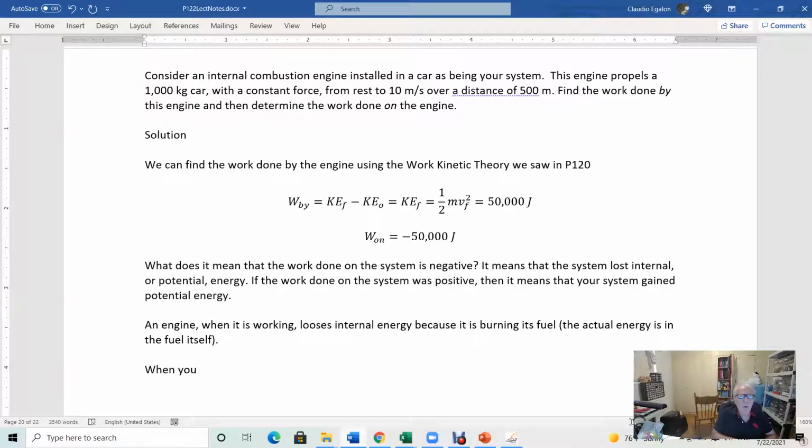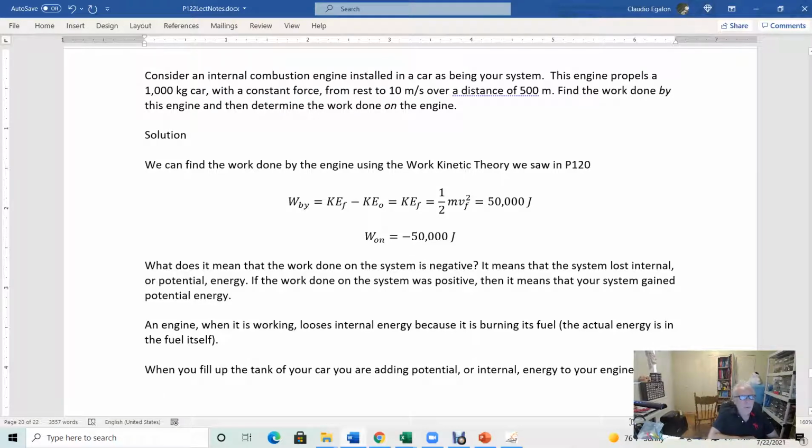When you fill up the tank of your car, what you're doing is adding potential or internal energy to your engine. Make sense?